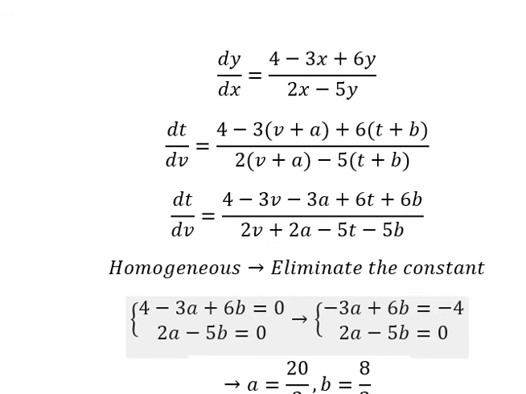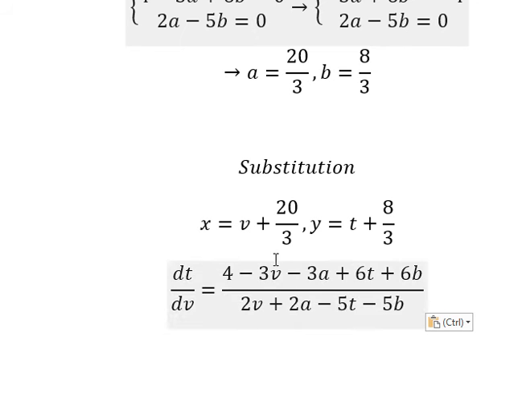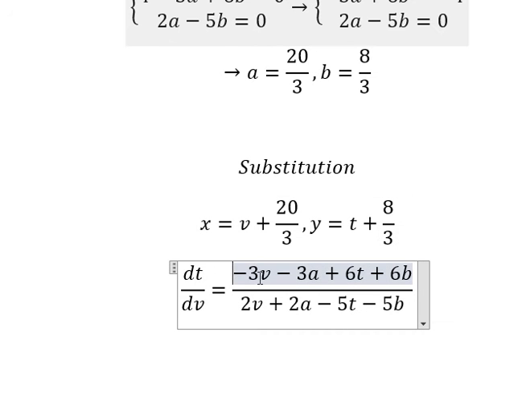So we go back in here. After we put this value here and this value here, we cancel the constant. So we just have only negative 3v, positive 6t.